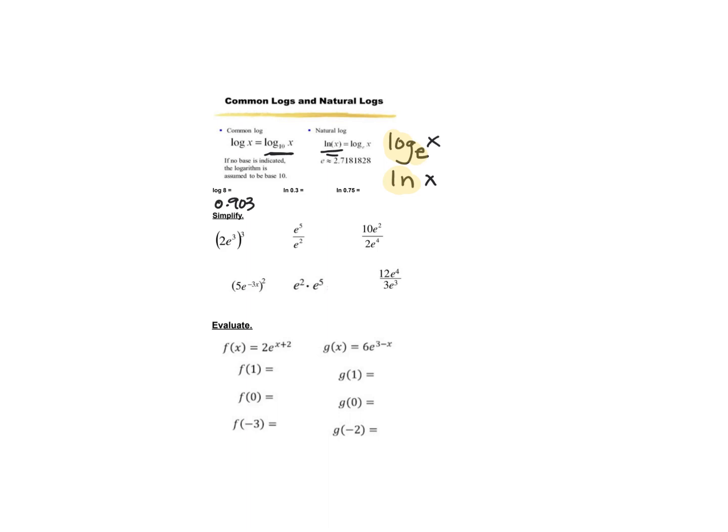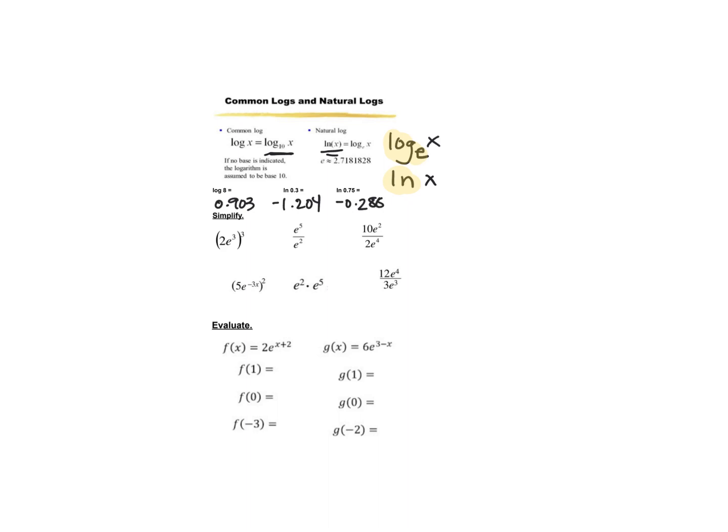That's the ln button. So you're going to hit that. Hit ln 0.3, negative 1.204. And then let's try it again. You hit the ln button, so it's right beneath the log button. ln 0.75 equals negative 0.288.